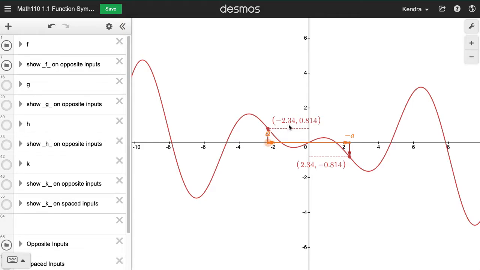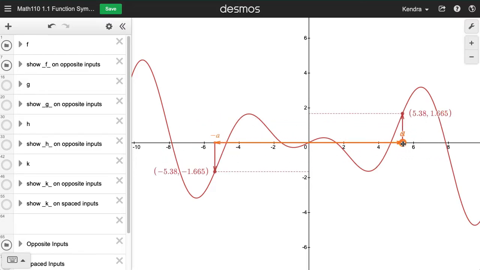If the input is -2.34, then the output is 0.814. At the opposite, if the input is +2.34, then the output is -8.14. When I drag this around, I will see that opposite inputs give opposite outputs.